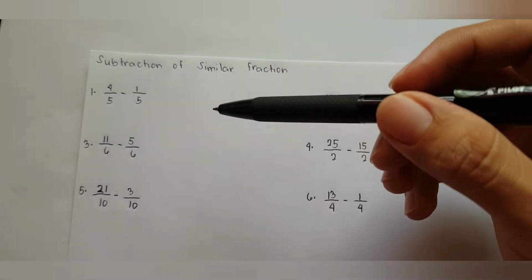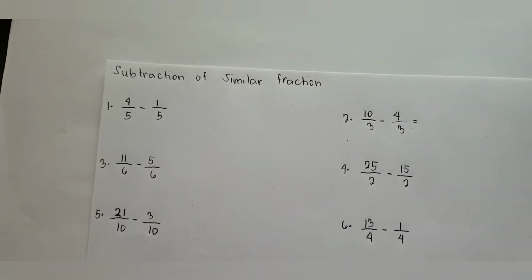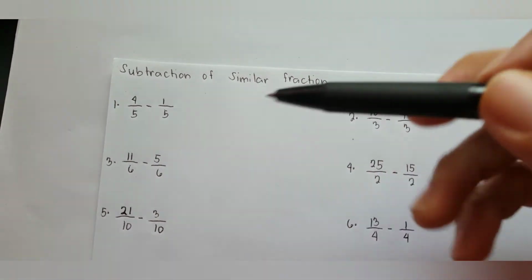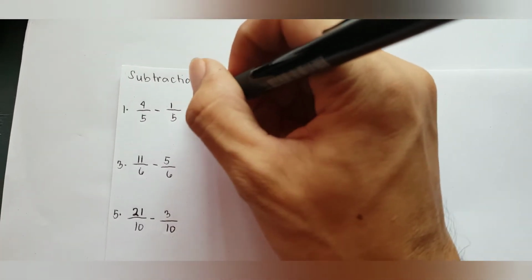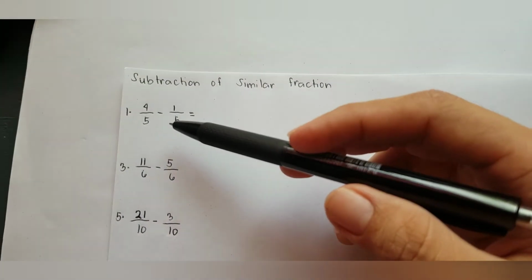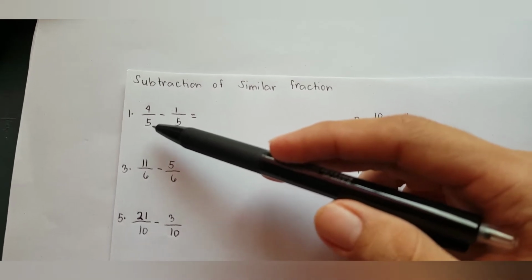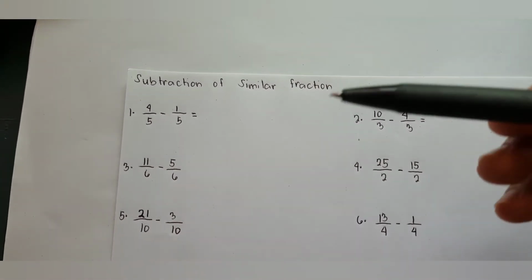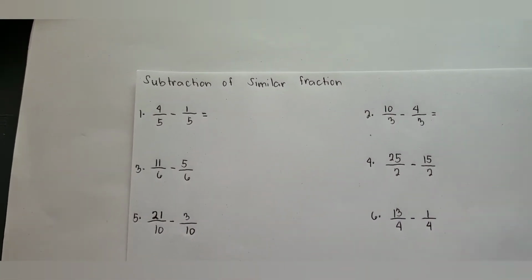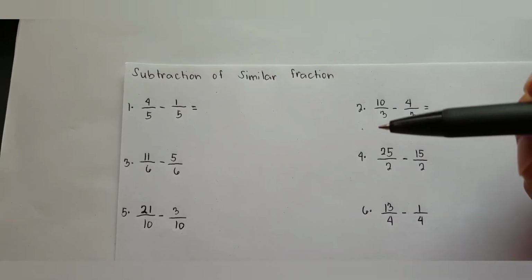For example number 1, we have 4 over 5, or 4/5, minus 1/5. The rule of subtraction for similar fractions: if you have to subtract fractions with the same denominator, then just simply copy the denominator, just the same as with addition of similar fractions.